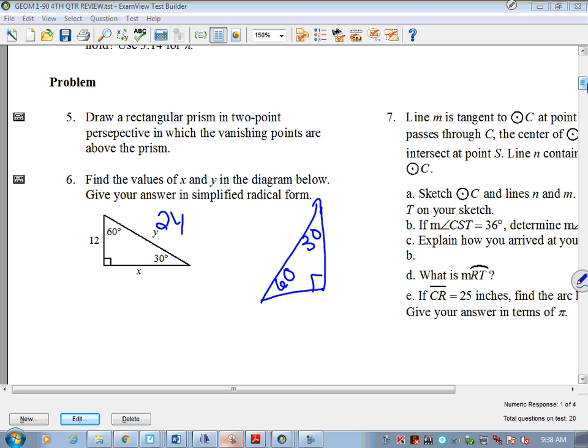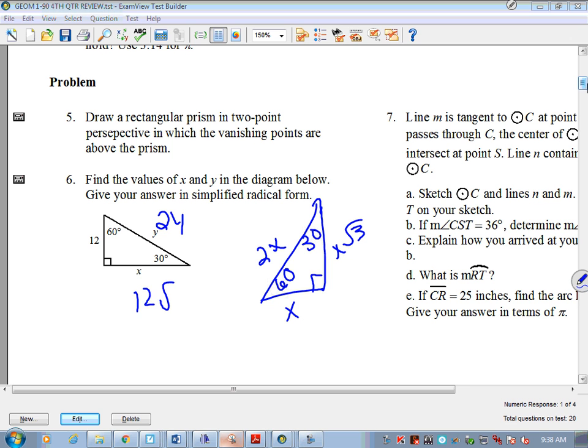Okay, so if what's opposite of 30 is x, then the hypotenuse is 2x, and the side opposite of 60 is x radical 3. Okay, so we always go from the 30 first. So if what's opposite of 30 is 12, then the easiest one for my hypotenuse to be is double that, right? So what is x in this case?